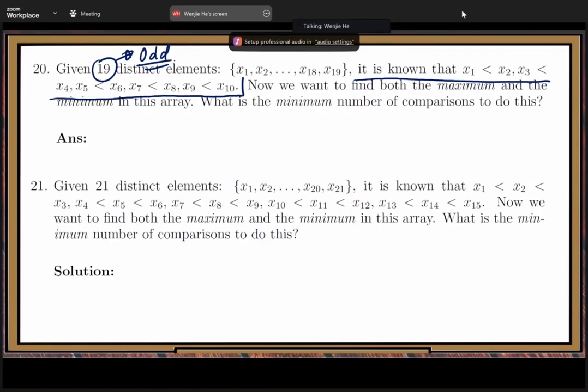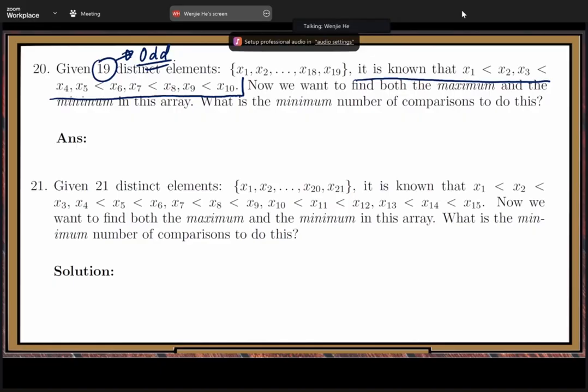We did it at the end of Module 1, Part D. At the end, we solved the odd case. So you just use that same method.